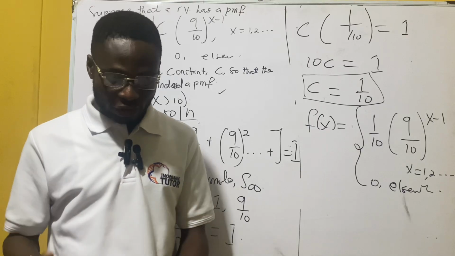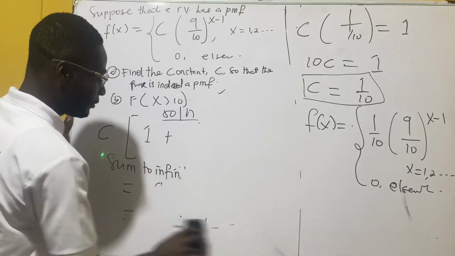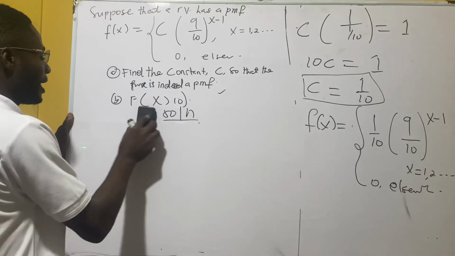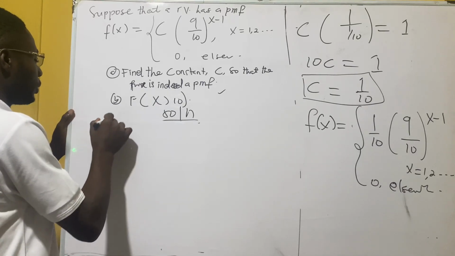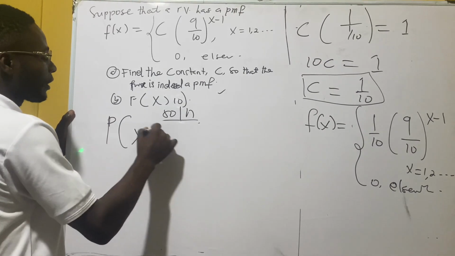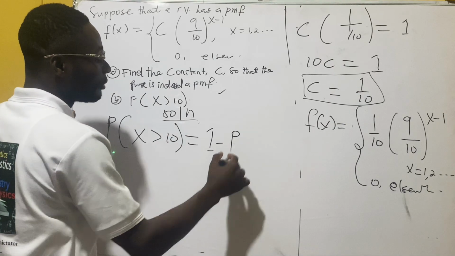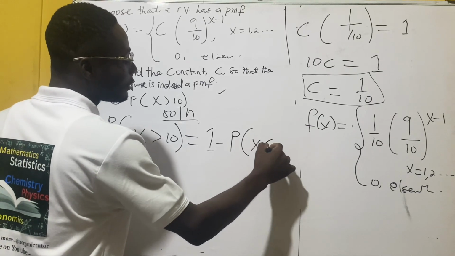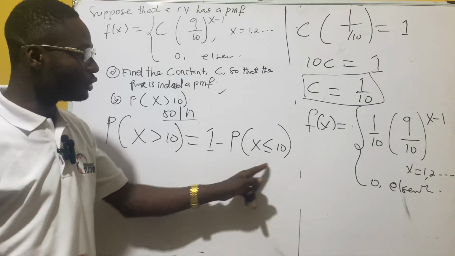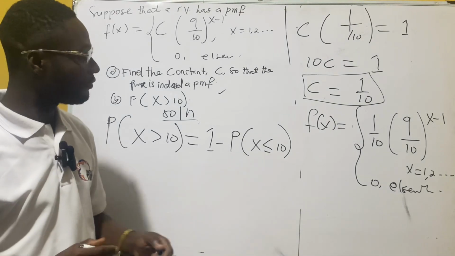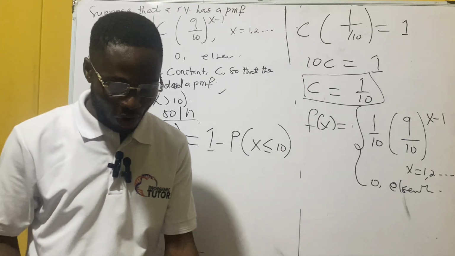So the probability of x greater than 10 will be equal to 1 minus the probability of x less or equal to 10. Once you do the probability of x less or equal to 10, then you can do the rest of the work.